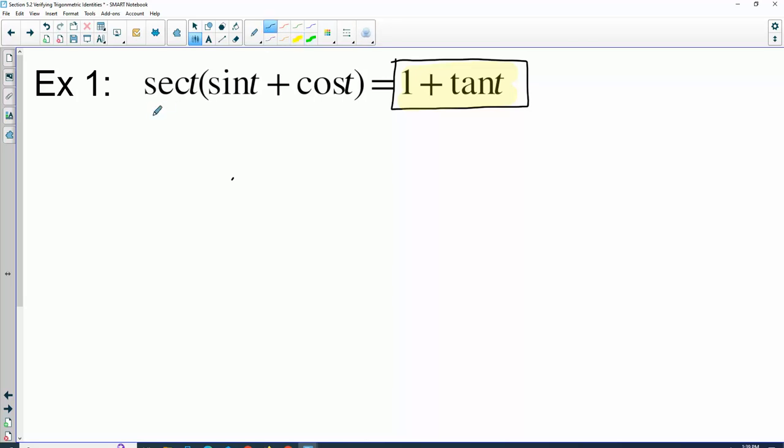I am going to work with the right or the left-hand side of this function until I get 1 plus tangent t for my answer. And when I do, then I know I'm done. So when I'm looking at this and trying to decide where to start, sine t plus cosine t, that formula, the identity only works if they're squared, so I can't do anything with that. So my best bet is just to go to sines and cosines. Secant is 1 over cosine.